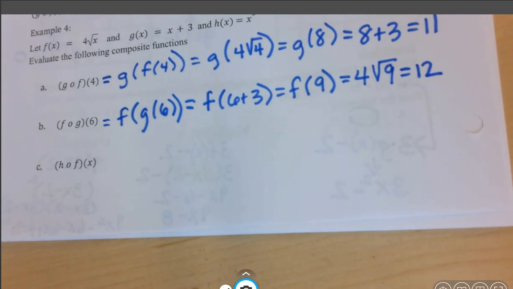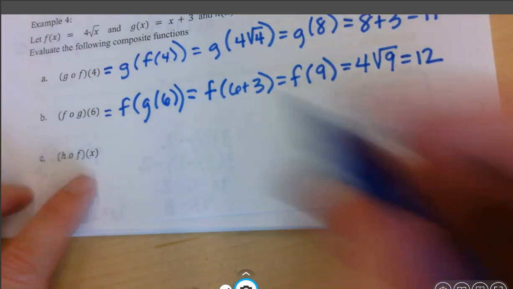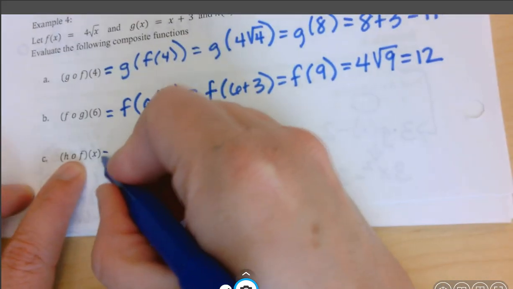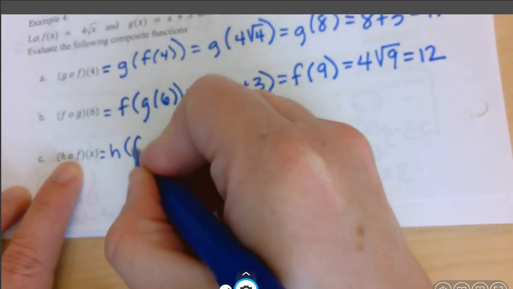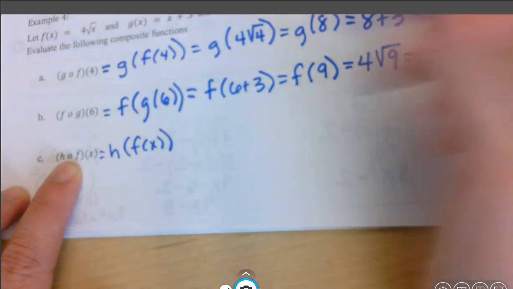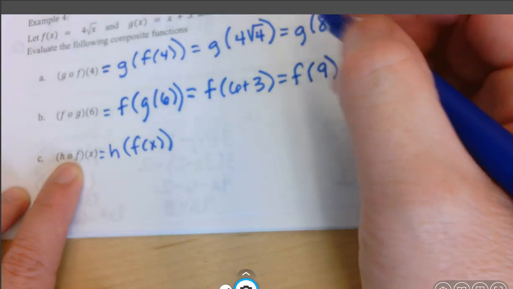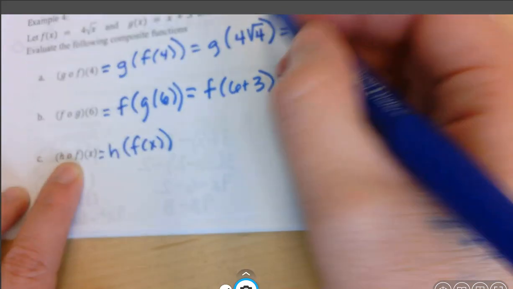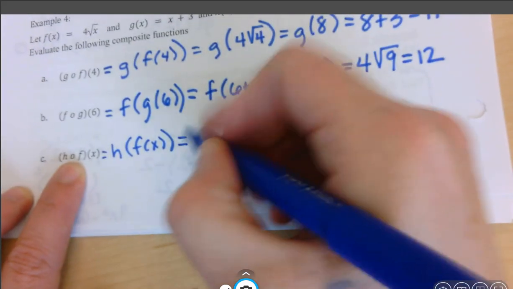Questions? Okay. So h of f of x is the same as h of f of x. Like that. I'm going to start with my outside function, which is to square.